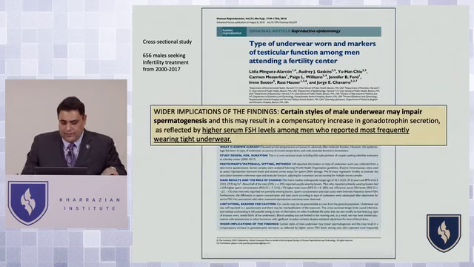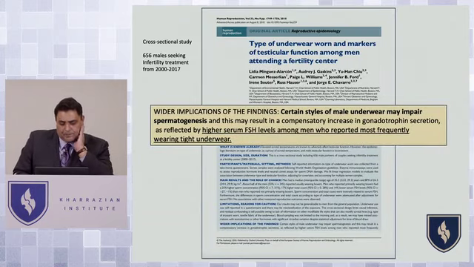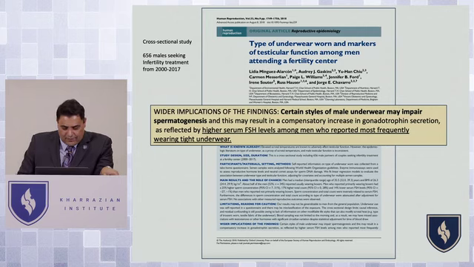Now, the other thing that I want to talk to you about lifestyle with males is underwear. Does underwear really impact male fertility? So this was a study that was published in Human Reproduction in 2018. This was out of Harvard School of Public Health. And they did a cross-sectional study that took 656 males seeking fertility treatment between 2000 and 2017.